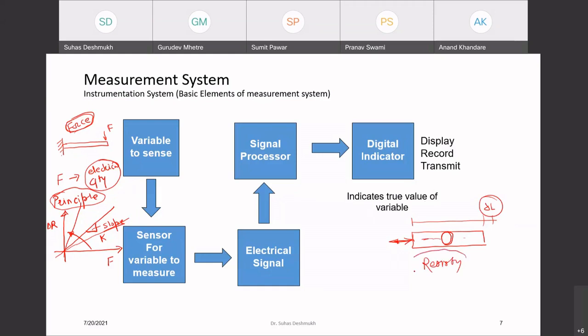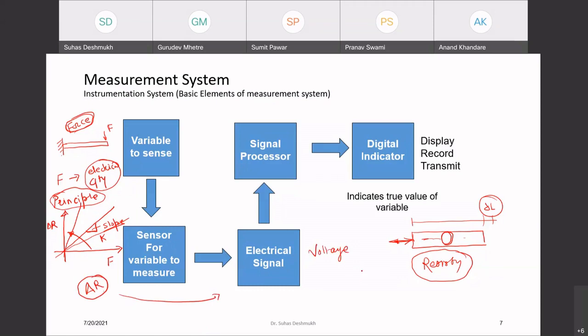Okay. So now I am taking advantage of this particular principle and I want to convert that into a sensor. Once I get a change in the resistance, the resistance needs to be converted into an electrical signal. That may be a voltage I want to convert. So how can I do it?